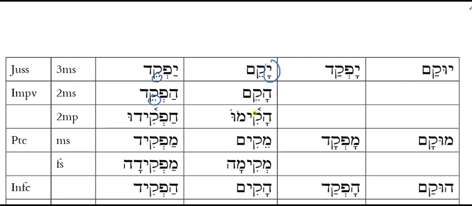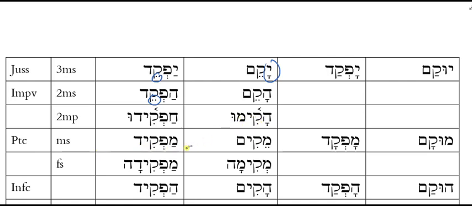I have the hey prefix and the A-class vowel in both, and the sere. Here, hafkidu, when I add my vocalic endings, my sere reverts back to its Keurig yod. Same thing here. Hakem becomes hakimu, to tell a group of men to do this, to raise up something.